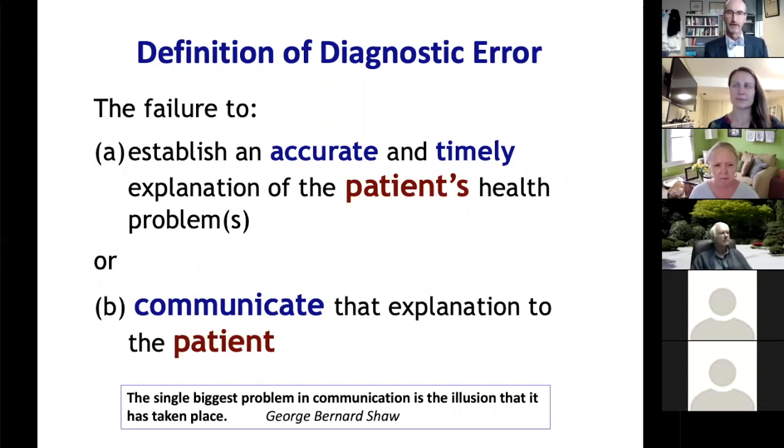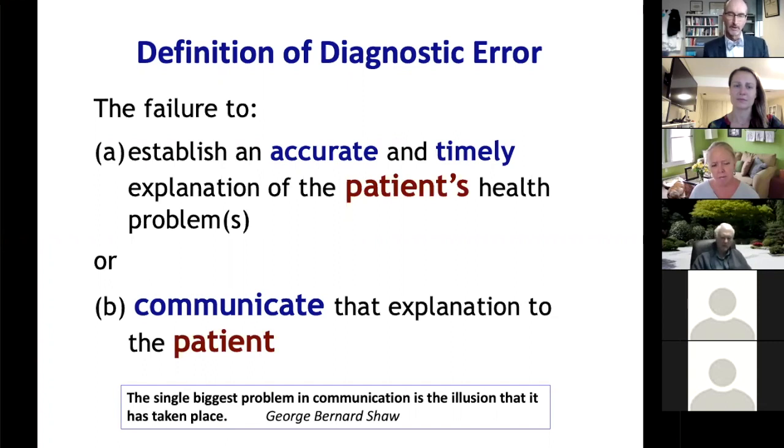So a diagnostic error is the failure to establish an accurate and timely explanation of the patient's health problems, or to communicate that explanation to the patient. So it's both the accurate and timely diagnosis, and then there's the requirement to communicate that explanation to the patient. So a physician could make the right diagnosis, but if it's not communicated to the patient or the family, then obviously it's not being useful, and it still would be a diagnostic error.